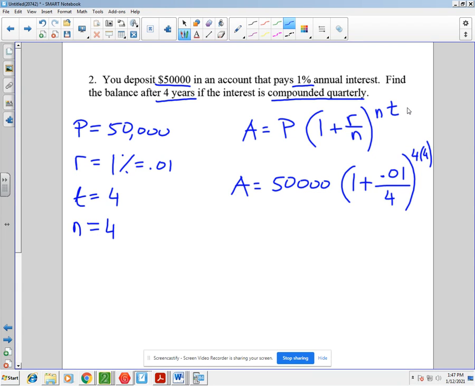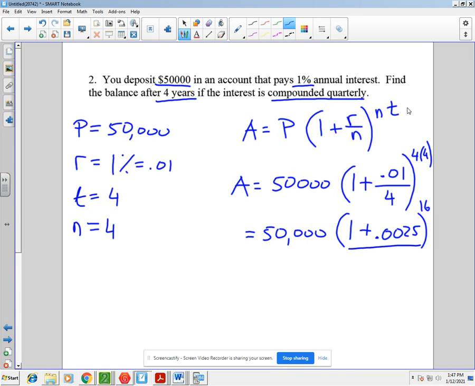So inside of parentheses, I have addition and division. So I will do the division first. 1% divided by 4. So you get 50,000 times 1 plus 0.01 divided by 4 is 0.0025 and raised to the 16th power.